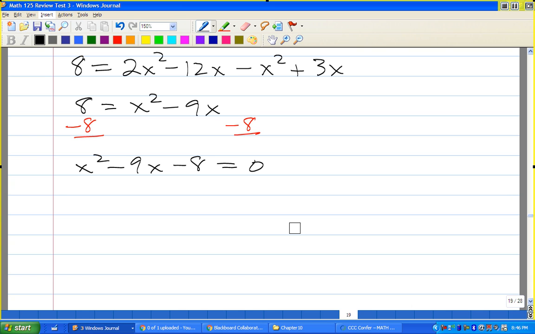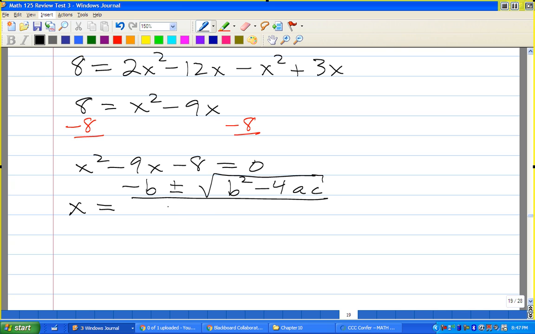I want two numbers whose product is 8 and whose difference is 9, so that's not going to work. So let me use the quadratic formula. So x is equal to negative b plus or minus the square root of b squared minus 4ac all over 2a. So it almost worked. I was almost able to factor it, but not quite.